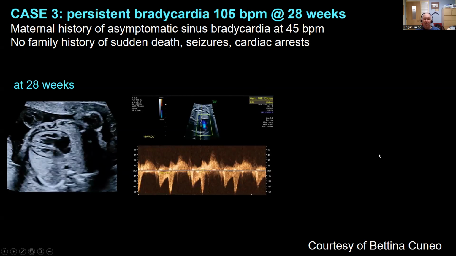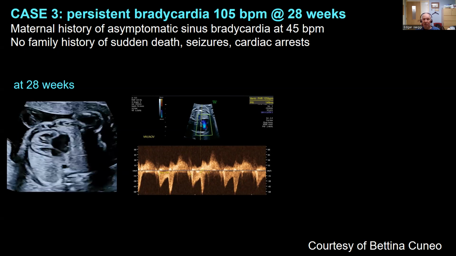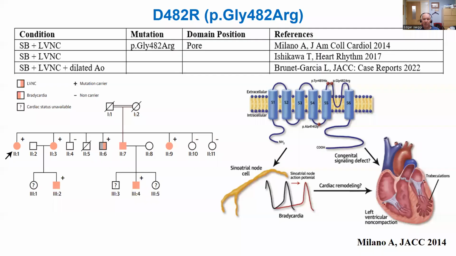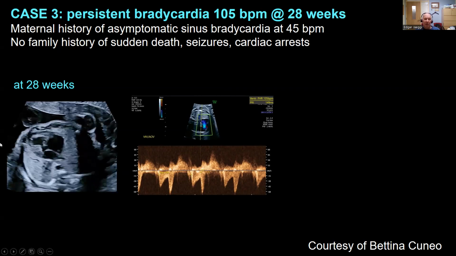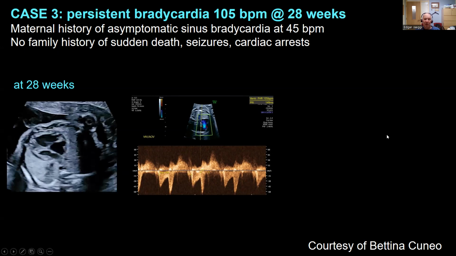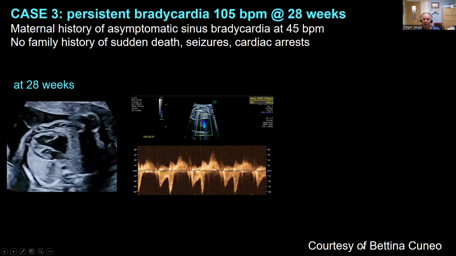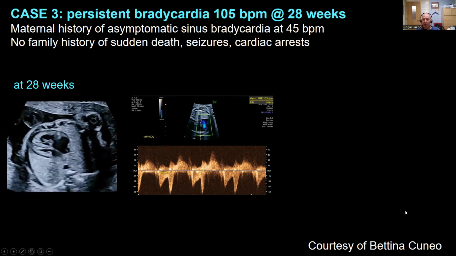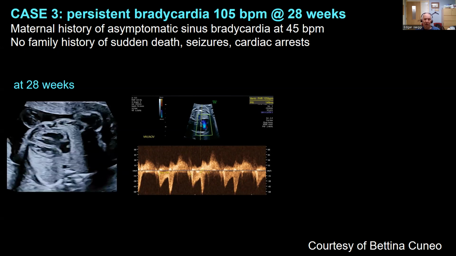So I asked a number of my colleagues if they have seen sinus bradycardia in patients with HCN4 mutation. And this is one that I got shared with Bettina Cuneo, so that I can show it, that has now been identified as an HCN4 mutation.